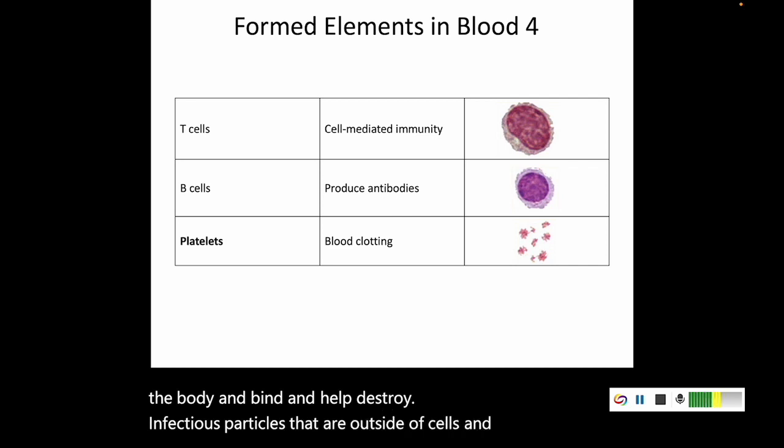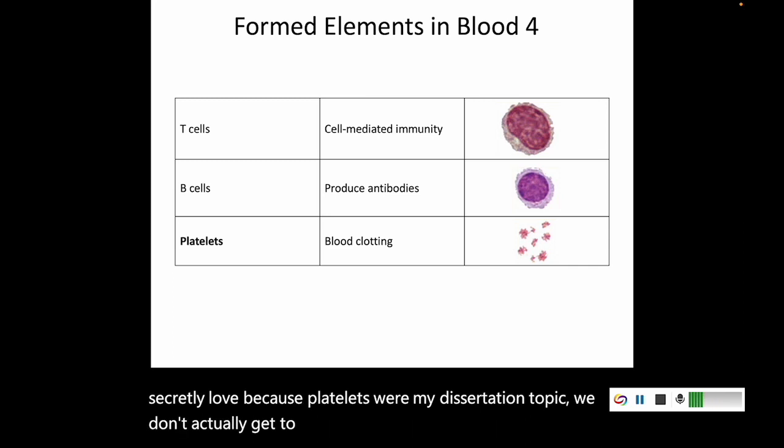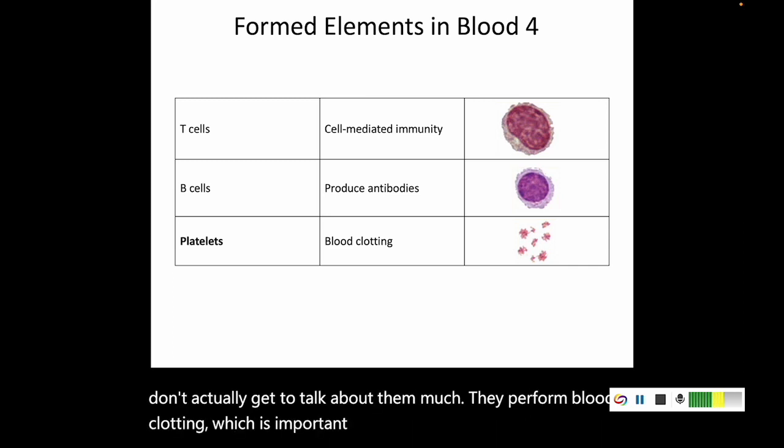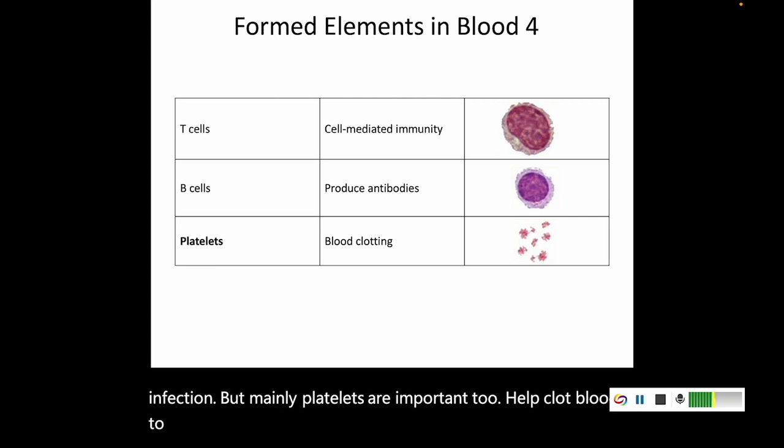And platelets, which I secretly love because platelets were my dissertation topic, but we don't actually get to talk about them much. They perform blood clotting, which is important a little bit when we're talking about infection, but mainly platelets are important to help clot blood to recover from an injury.